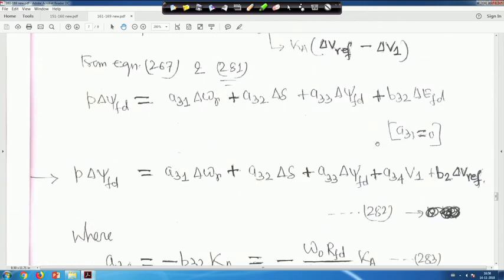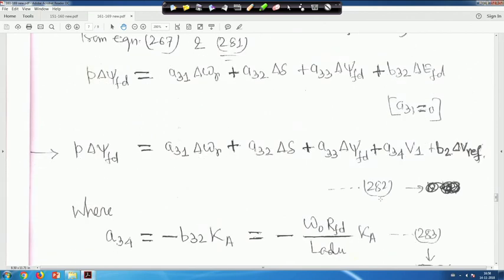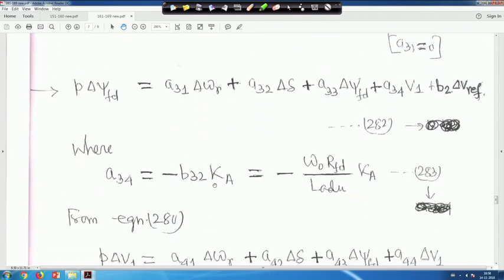So, you replace delta EFD and you will get in this form, this is equation 282, where A34 is equal to minus B32 into Ka, which is minus omega 0 RFD upon LADU into K, this is equation 283, right.